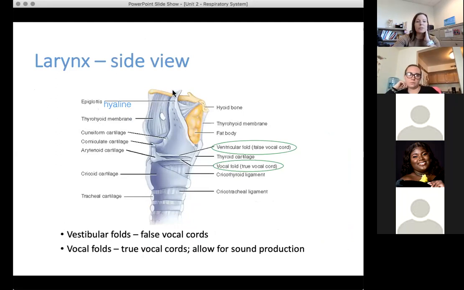Okay, so I'm showing you the side view for a reason. Let me define the glottis, which is the next term in your outline, and then I'll show you on this diagram what the epiglottis is doing. So the glottis is the opening within the larynx, which contains the vocal cords.